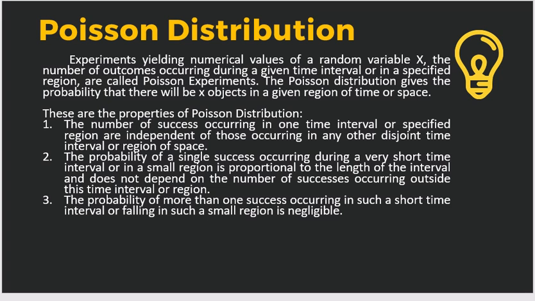The number of successes occurring in one time interval or specified region is independent of those occurring in any other disjoint time interval or region of space. Number 2, the probability of a single success occurring during a very short time interval or in a small region is proportional to the length of the interval and does not depend on the number of successes occurring outside this interval or region.